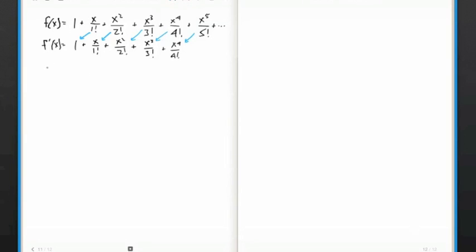And so if I go through and I take the second derivative, well, same deal here. This will become 1 plus x over 1 factorial plus x squared over 2 factorial plus x cubed over 3 factorial plus, and the next one, but I didn't draw it in there.